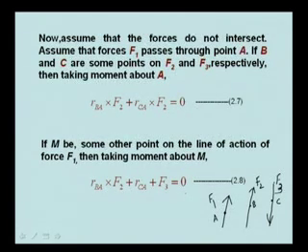Now, if M be some other point on the line of action of force F1, then taking moment about M, suppose M is this one, then we can have RBM cross F2 plus RCM cross F3 equal to 0.